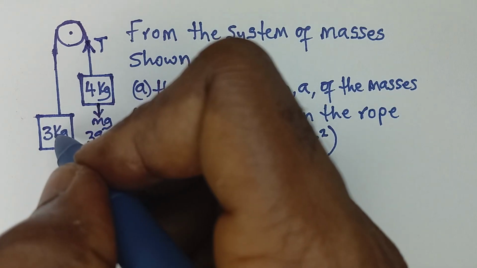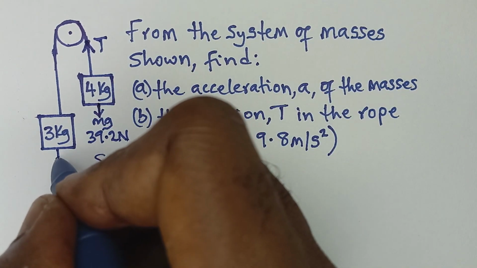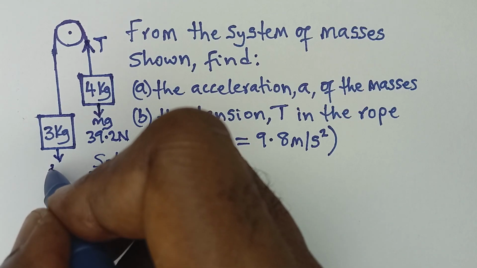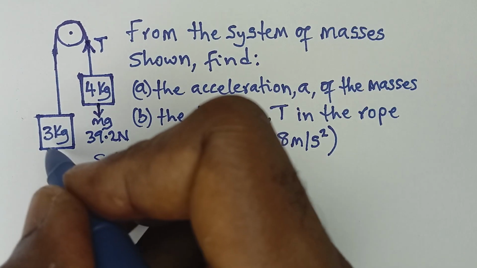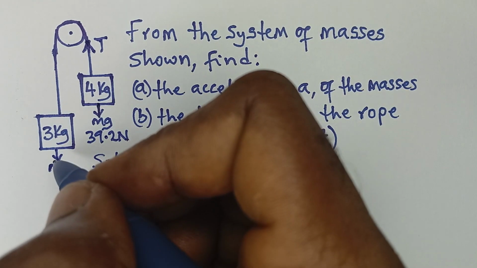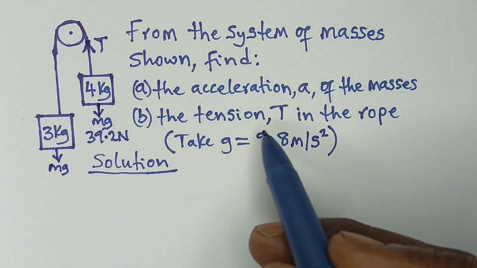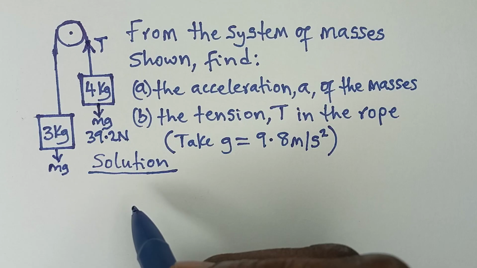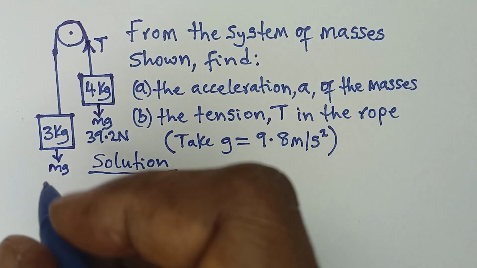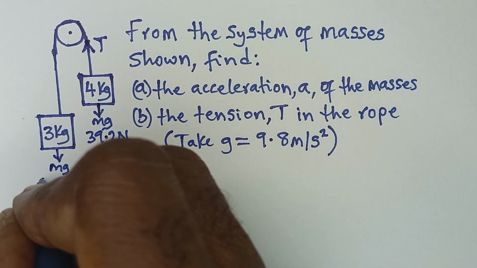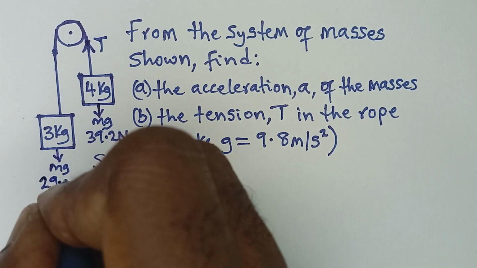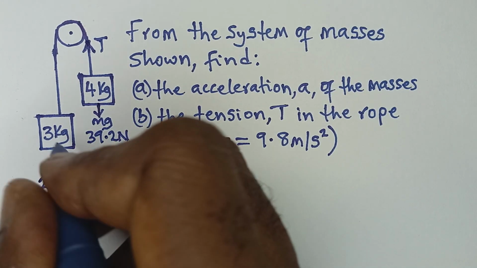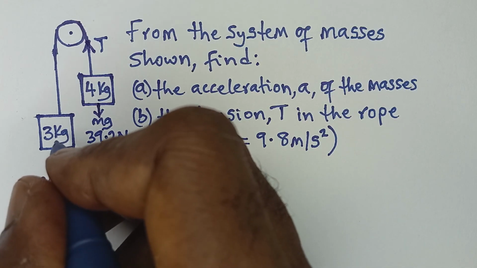Then looking at this as well, the mass downward here, that's the weight of this downward, should be mg. And then 3 multiplied by g, which is the acceleration due to gravity, 3 multiplied by 9.8 will give us 29.4 Newton. So that is the weight of this 3 kilogram mass.